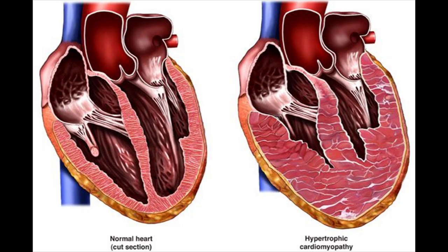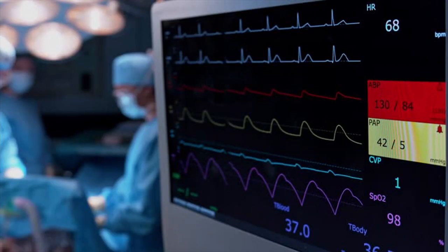The recipient is generally given general anesthesia, and then connected to a heart-lung bypass machine, after which an incision is made in the chest to remove the diseased heart. Then the donor heart is carefully sewn into place, and the major blood vessels are connected.